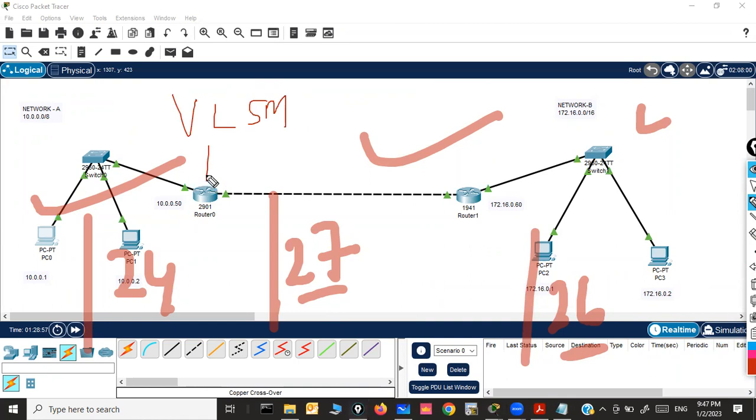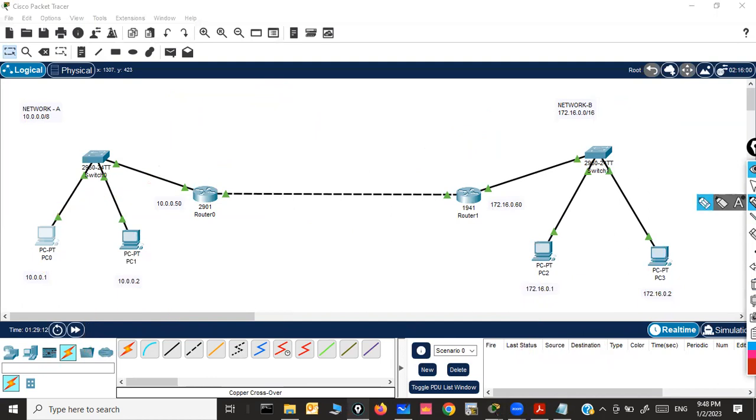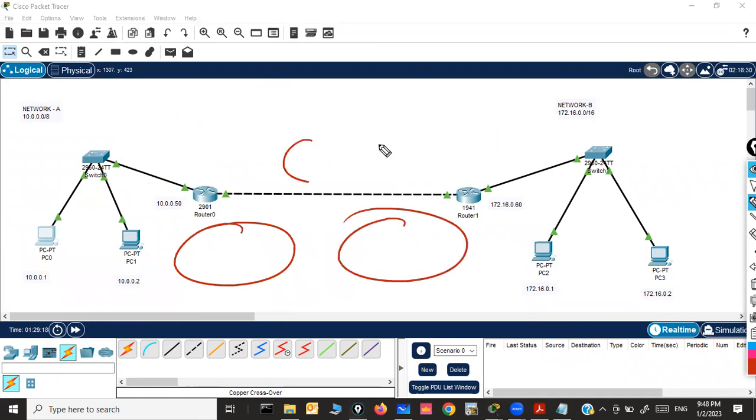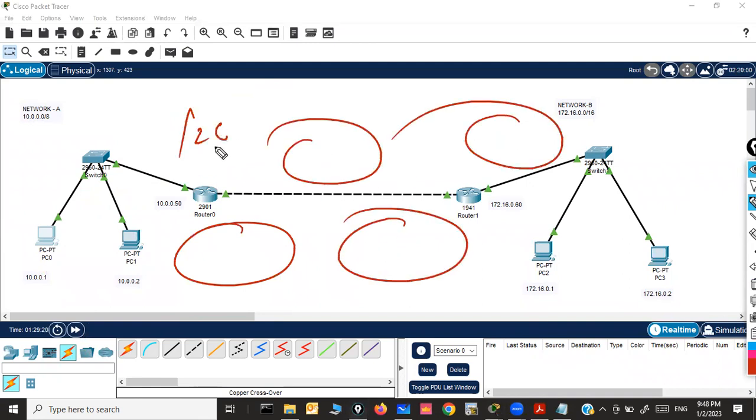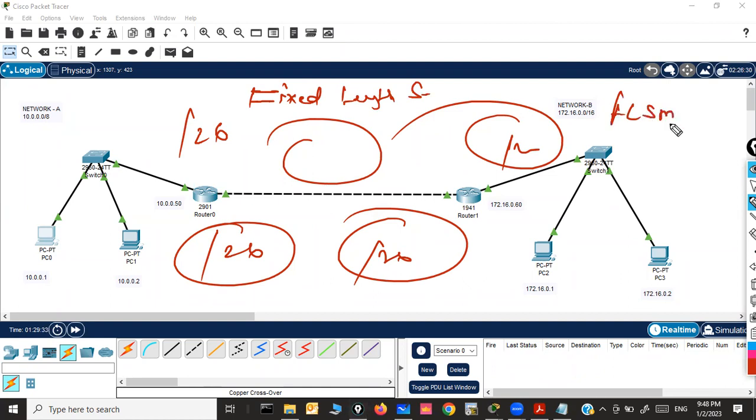There is another term, fixed length subnet mask. If I'm using a /24 subnet mask here, /24 here, /24 everywhere, or maybe /26 or /27 everywhere, whatever mask I'm using, if I'm using the same mask everywhere in different networks, maybe 26, 26, 26, 26, that is known as fixed length subnet mask, or FLSM.